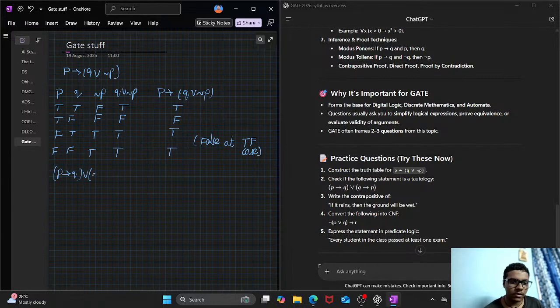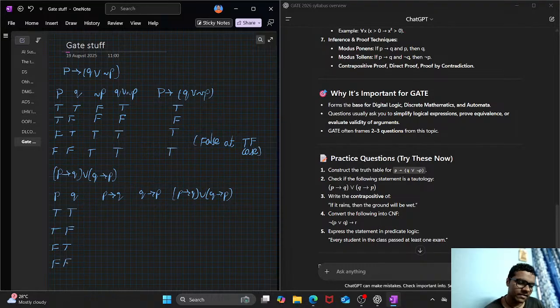P implies Q or Q implies P. We have P, Q, P implies Q, Q implies P, and P implies Q or Q implies P. Same thing: T, T, T, F, F, T, F, F. So P implies Q will be T, F, T, and T. Q implies P will be T, T, F, and T. So an OR for this will be T, T, T, T. As it is, it is a tautology.